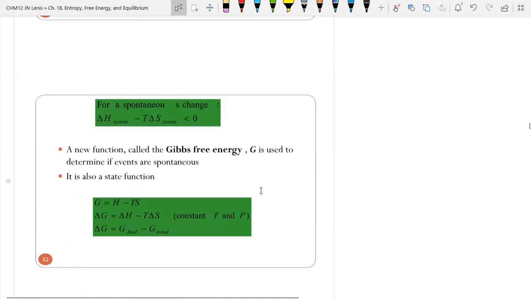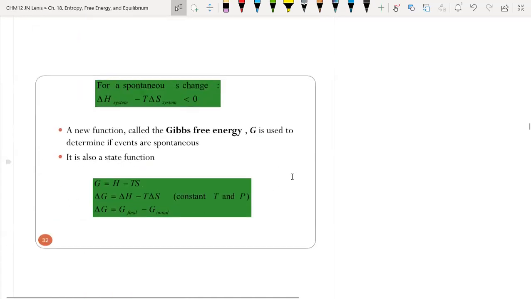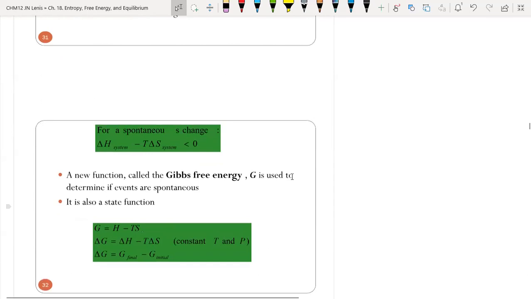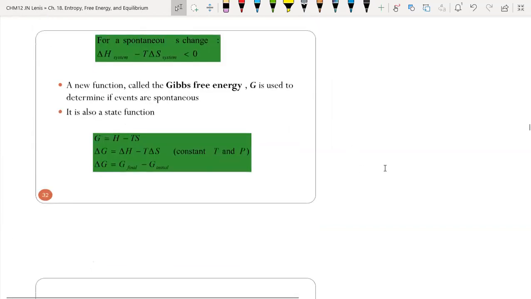If you calculate delta G for any reaction and that calculation gives you a positive number, that means your reaction will not be spontaneous. Since delta G is a state function, we can measure final states and initial states and find the change for that function.